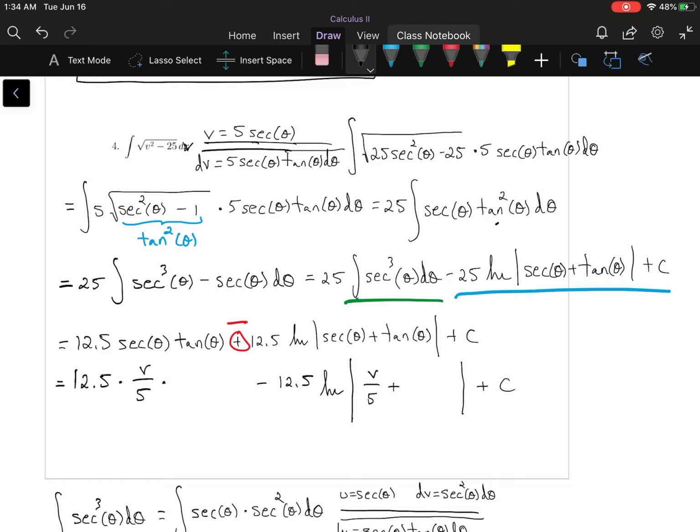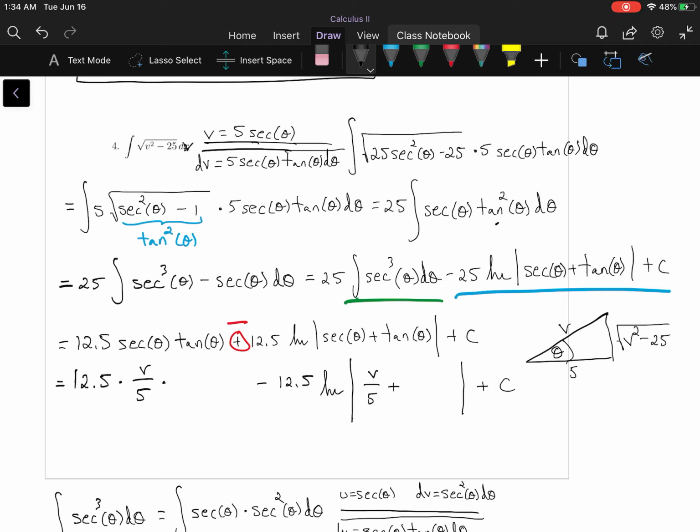So we need to figure out what tangent is. Let's draw our right triangle. Secant theta is v over 5, and secant is 1 over cosine. That means cosine of theta is 5 over v. So cosine is adjacent, which is 5, over hypotenuse, which is v, which means the remaining side is the square root of v squared minus 5 squared, or 25.